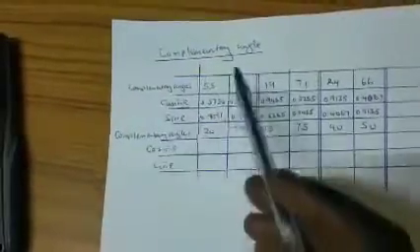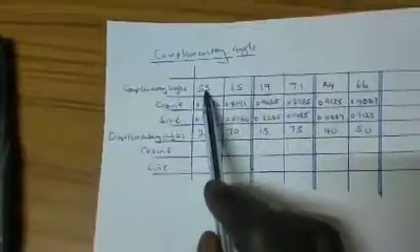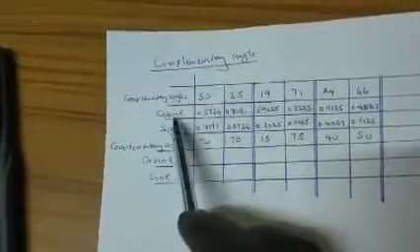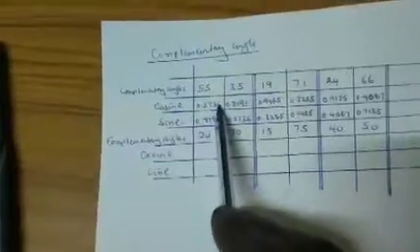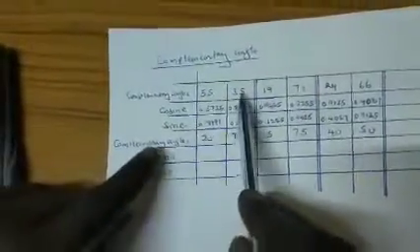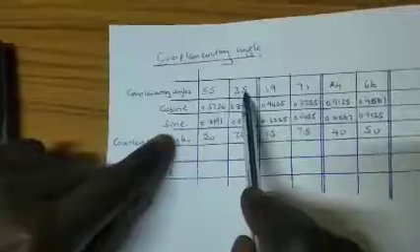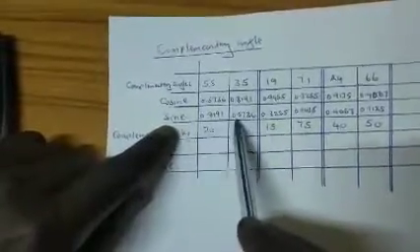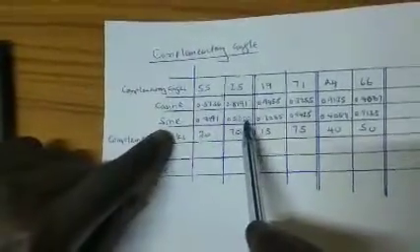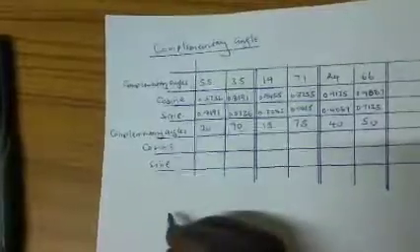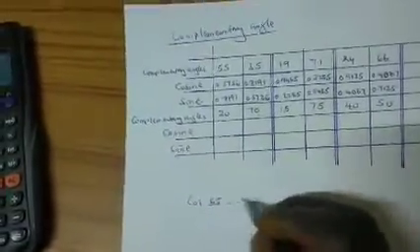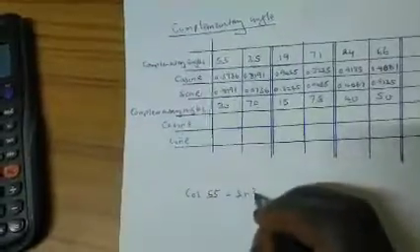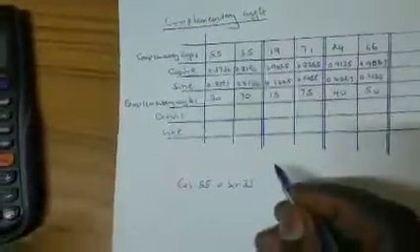So for example, we have the angle 55. If we check, the cosine of 55 is 0.5736, and the sine of 35 is 0.5736. So we are saying that cos of 55 is equal to sine of 35.